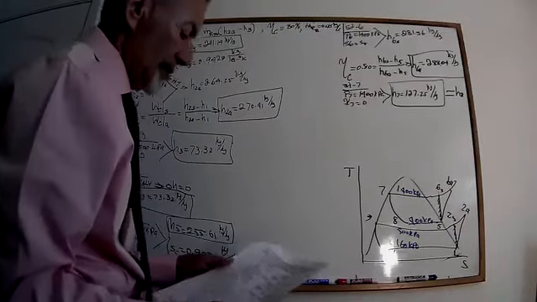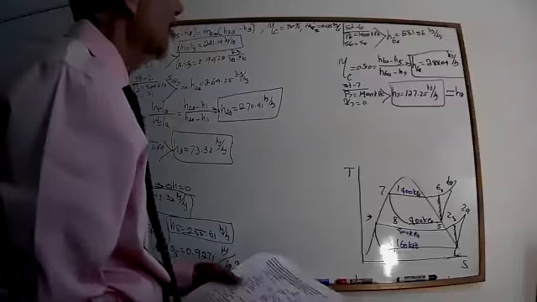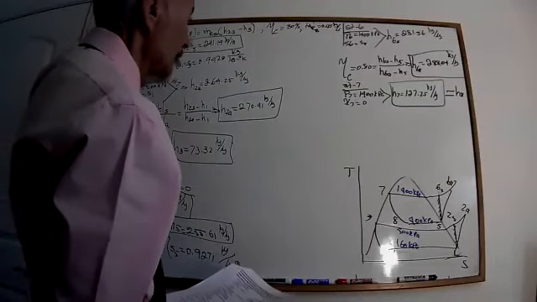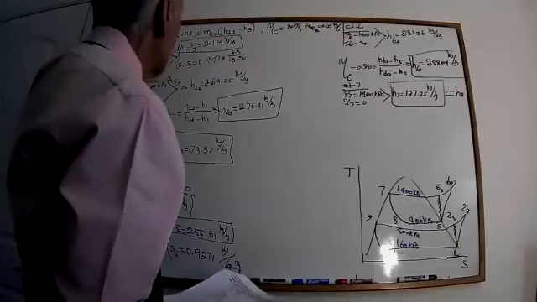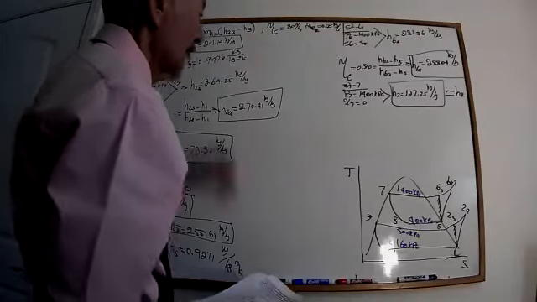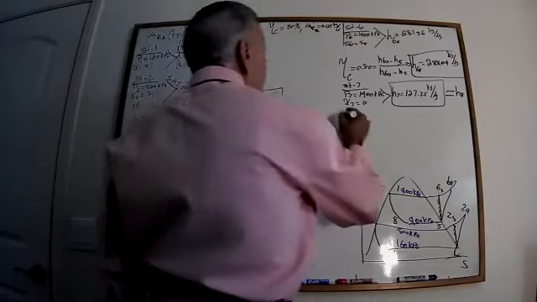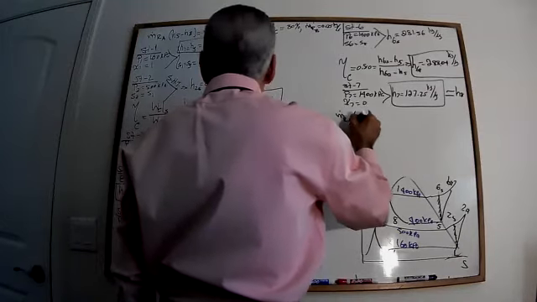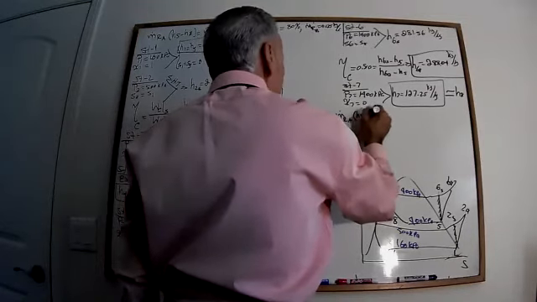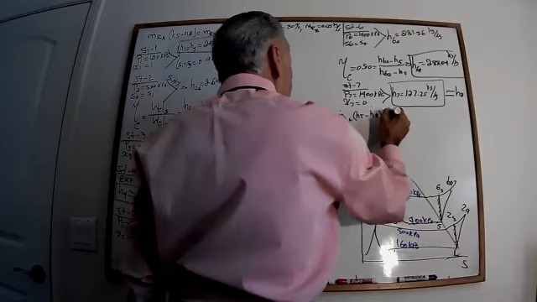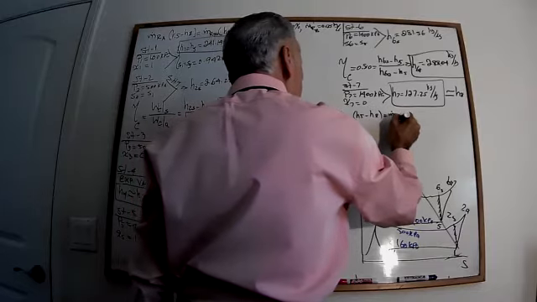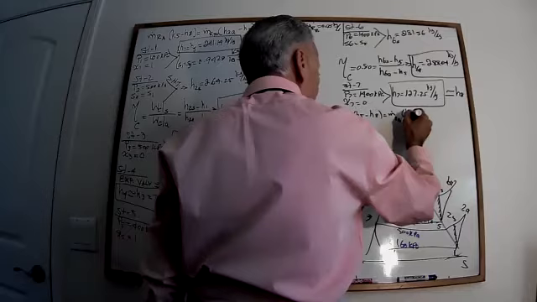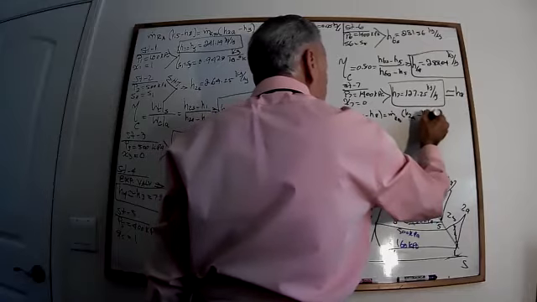So now I have all H values, so I go back to my original equation in order to find the mass of refrigerant A. So now, mass of refrigerant A times H5 minus H8 is equal to mass of refrigerant B times H2A minus H3.